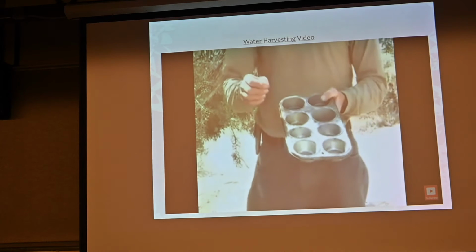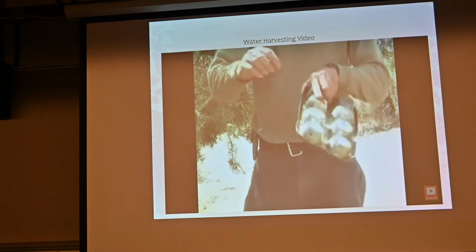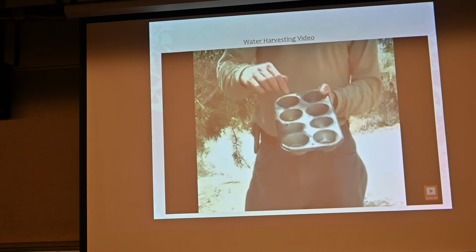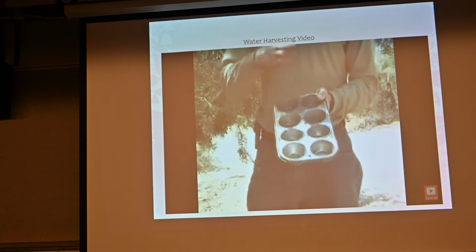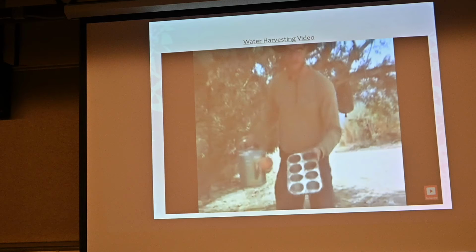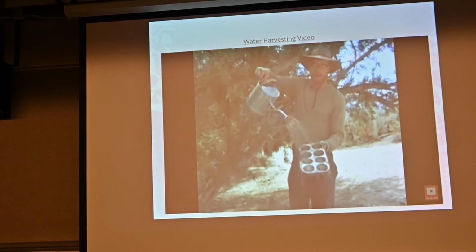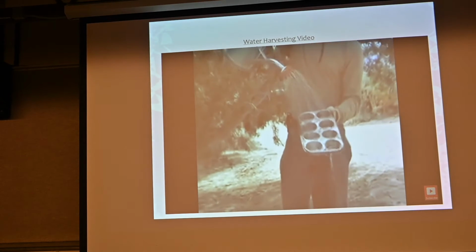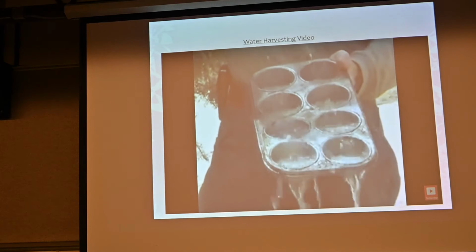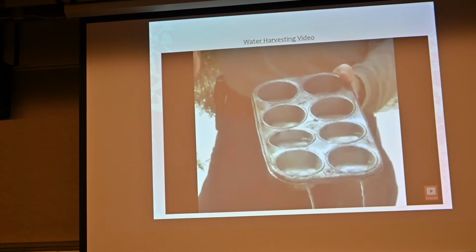And this way, instead of planting on top of mounds as the old way, we're instead planting beside, or in some cases within, these sunken water harvesting earthworks. So now what happens when it rains? Well, it starts raining, we start filling up these basins, these muffin tins. And then when they're filled, the water keeps going.